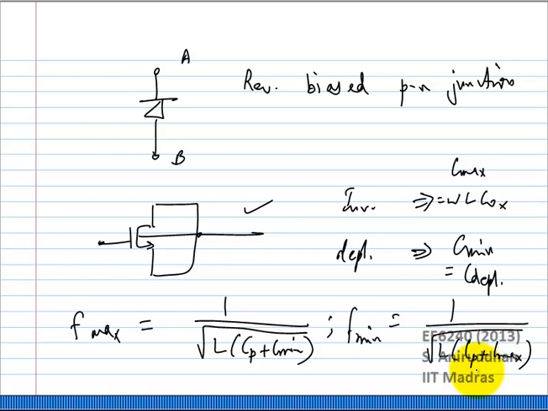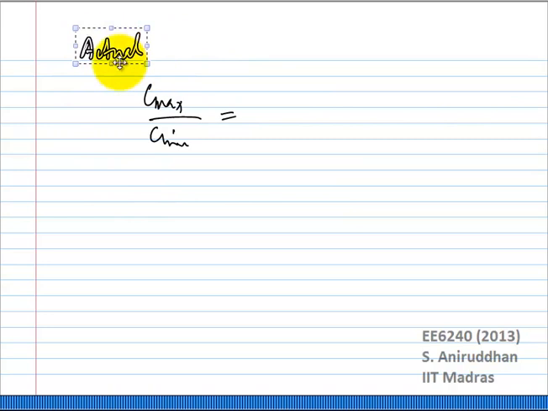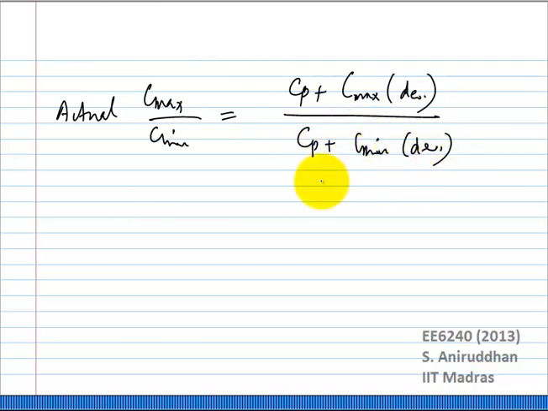So the actual C max by C min will be Cp plus C max of the device over Cp plus C min of the device, whatever device you are using.